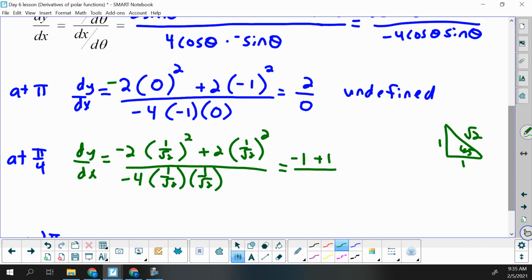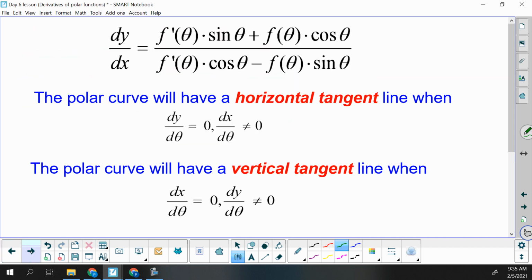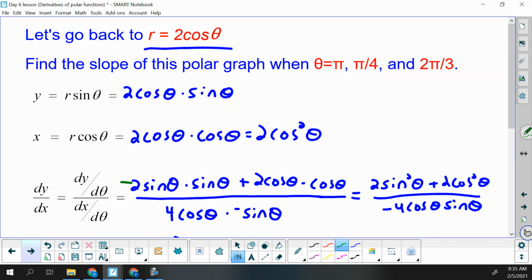This will give us +1. On the bottom, 1 over square root of 2 times 1 over square root of 2 is 1/2, times the -4, which will give us -2. So this is going to give us 0. And remember that was the other point that we looked at. We looked at square root of 2 comma pi over 4, and that was a horizontal tangent line. So it looks like our formula is making sense.